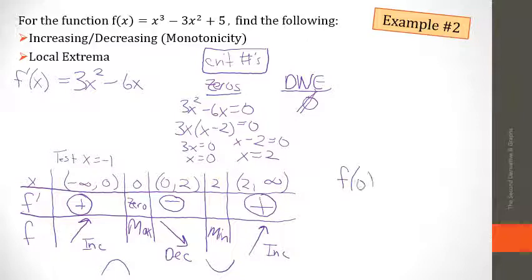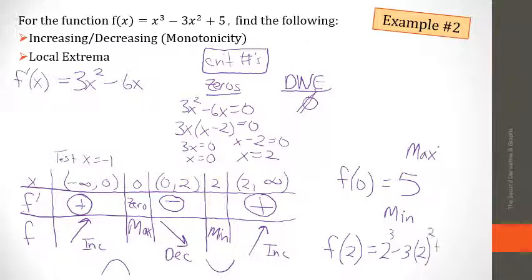Plugging 0 back into the original, I get 5. Then a min at f of 2: 2 cubed minus 3 times 2 squared plus 5, I get 1. So I have a max and a min.